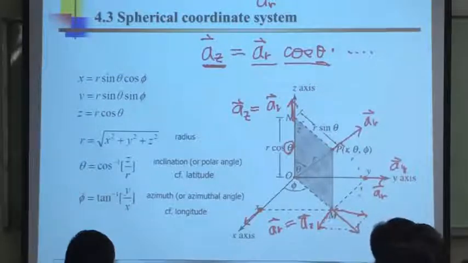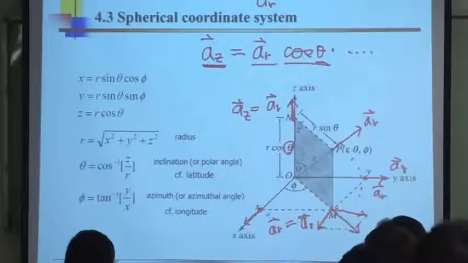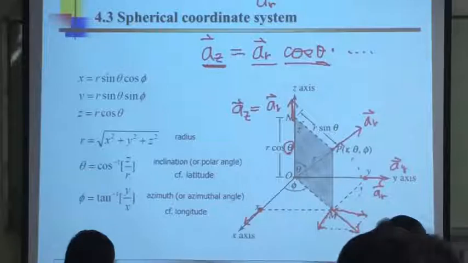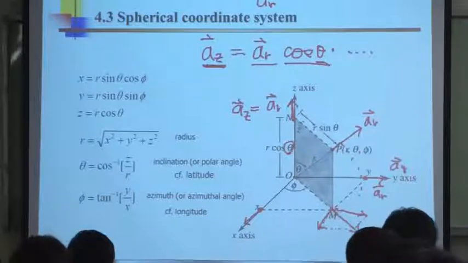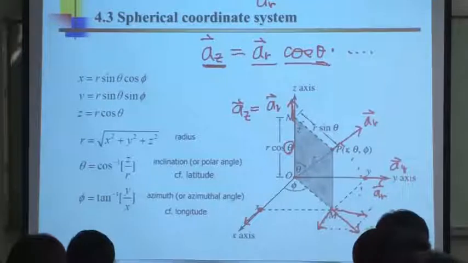So this line is the AR vector, and from the AR vector, the AX component is given this way.